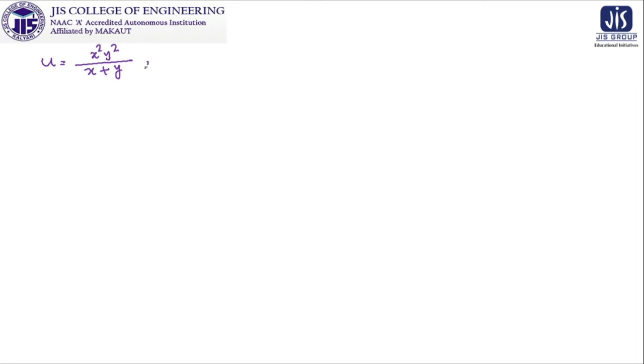It is given, and we have to apply Euler's theorem to find the value of x del u del x plus y del u del y. But this is not the whole problem.